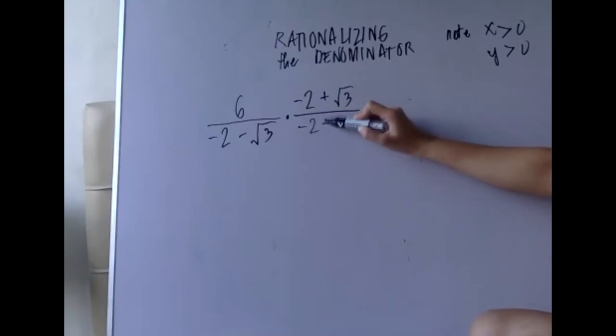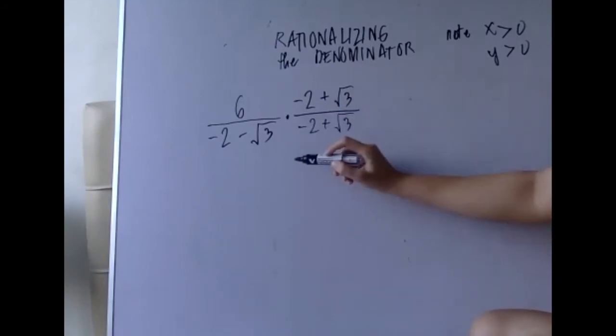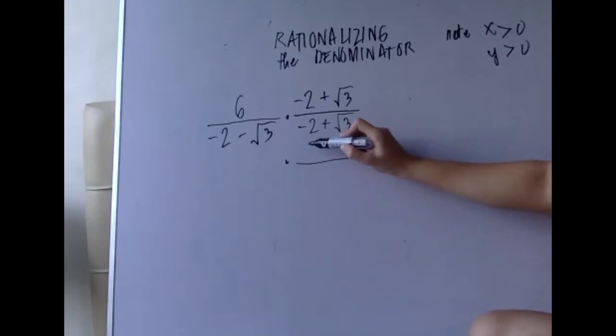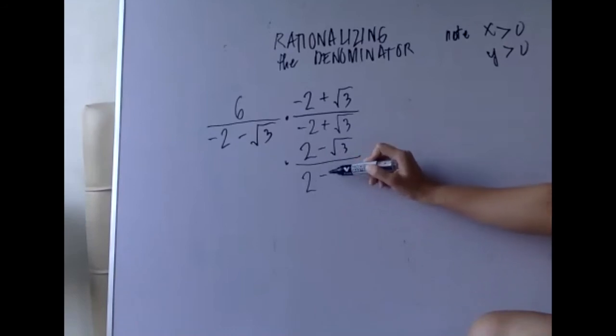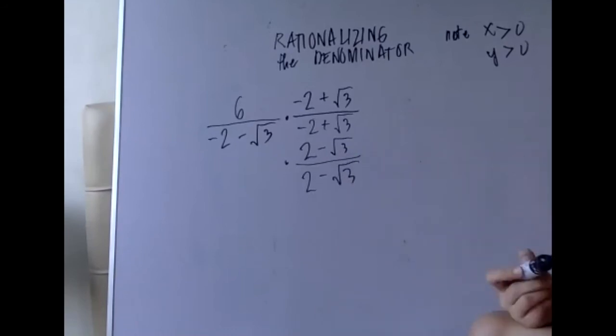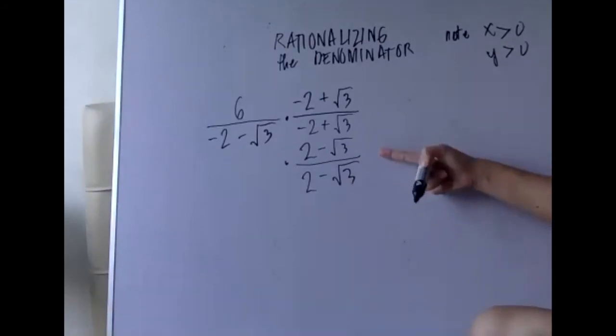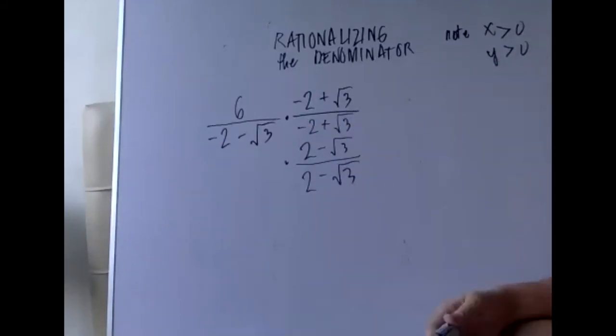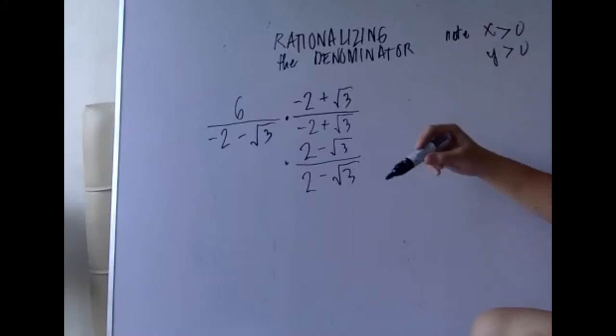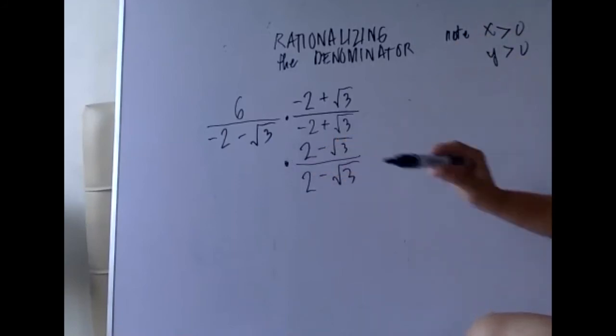Negative 2 plus square root of 3. Or pwede rin na yung multiply mo siya by 2 minus square root of 3, 2 minus square root of 3. Ako ito yung ginagawa ko kasi mas madali lang for me kasi nabawasan ako ng isang negative. Pero kanya-kanya na lang. Dapat pareho pa rin yung sagot. As in, dapat pareho. Okay?